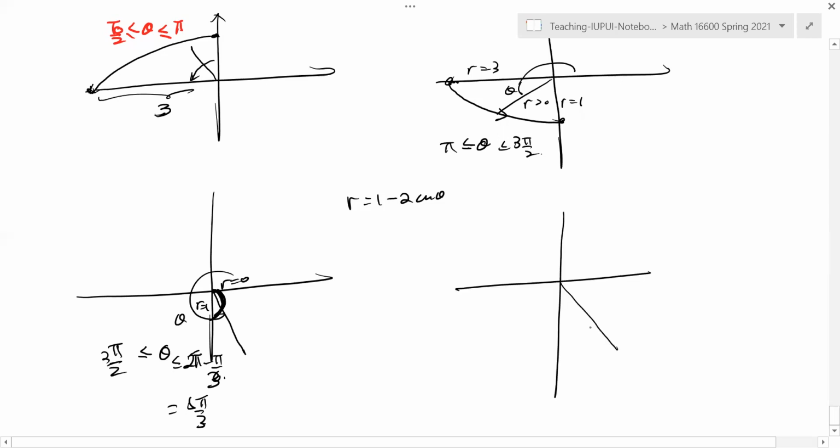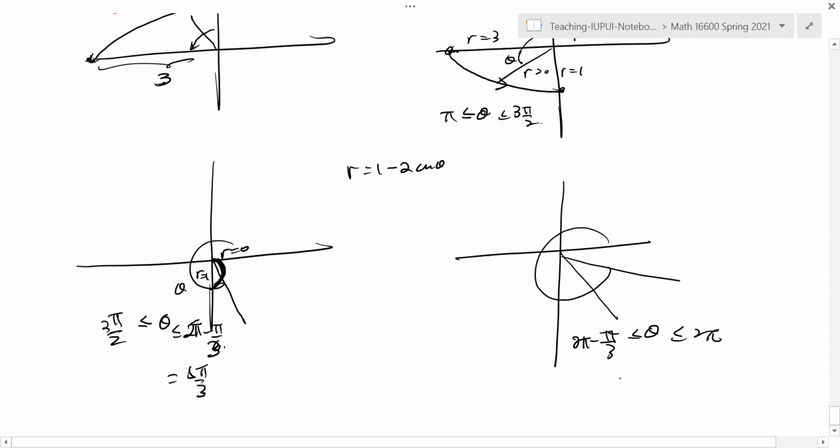Then the angle from here to here, theta is between 2 pi minus pi over 3 and 2 pi. And this time, cosine theta is too large, so r equals 1 minus 2 cosine theta is negative.